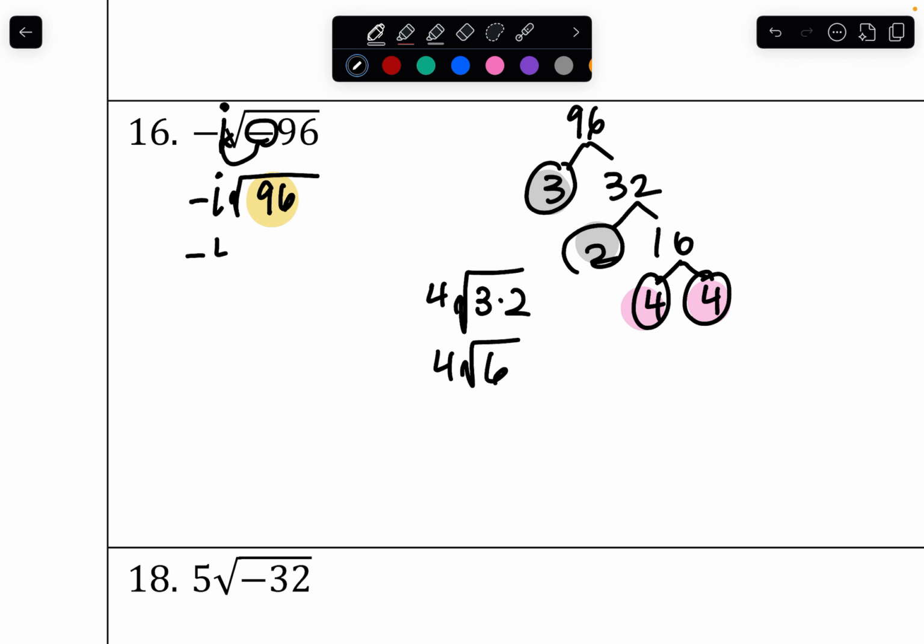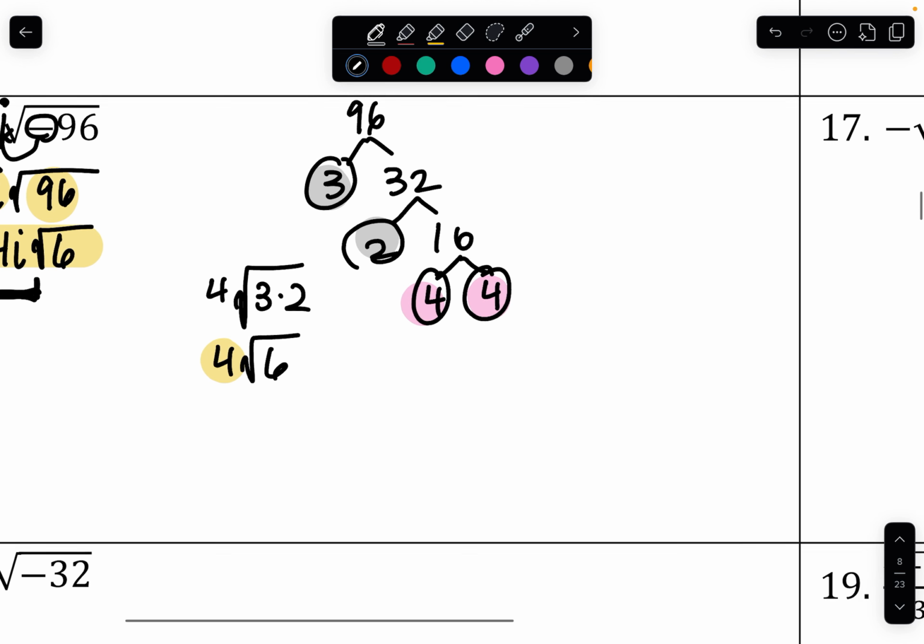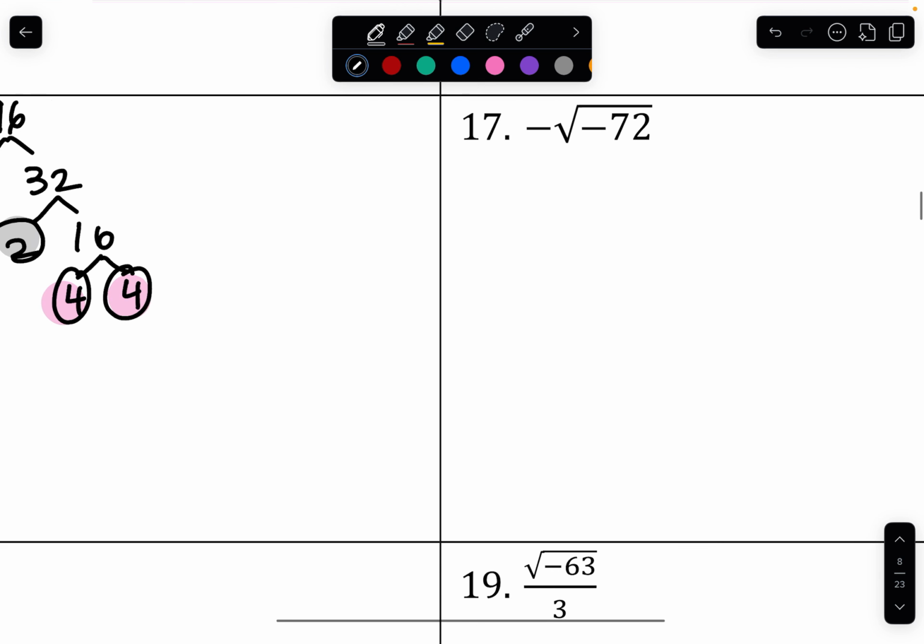So we're going to have the negative, we're going to have the 4 and the I, and then the square root of 6 for our final answer. Okay, the 4 was outside, the negative I was outside. And so when you write them all outside, make sure you put the I after the number. And then the square root comes last.